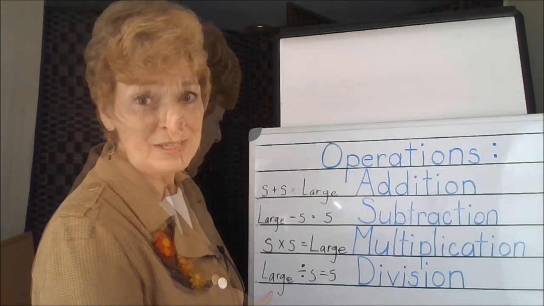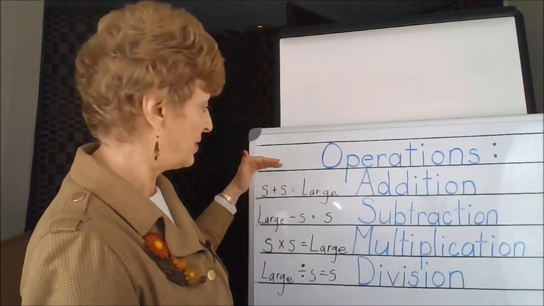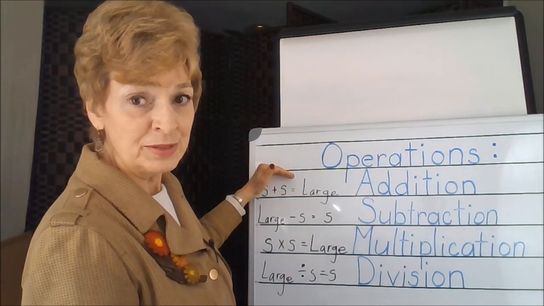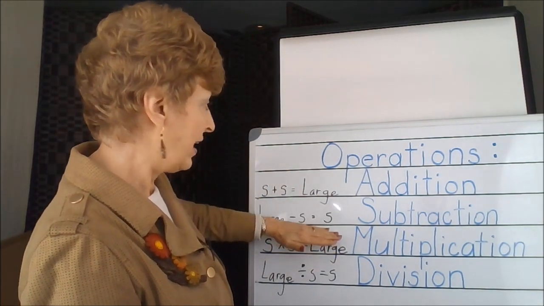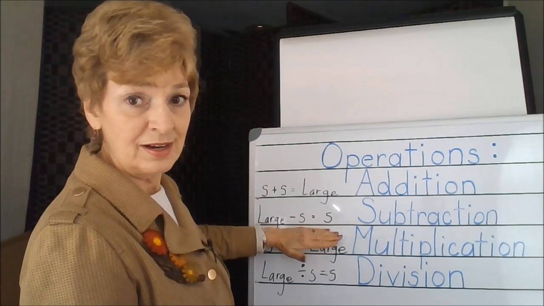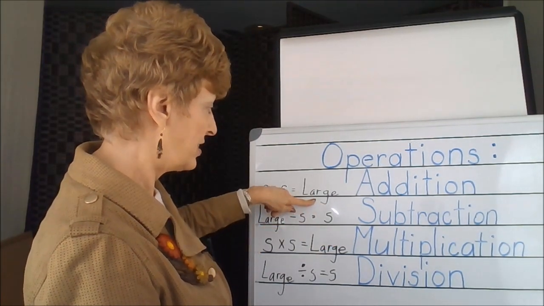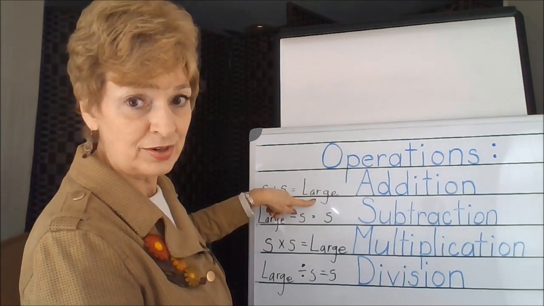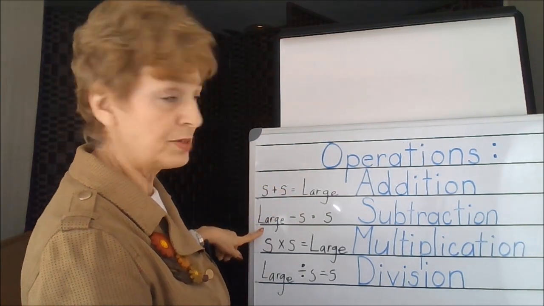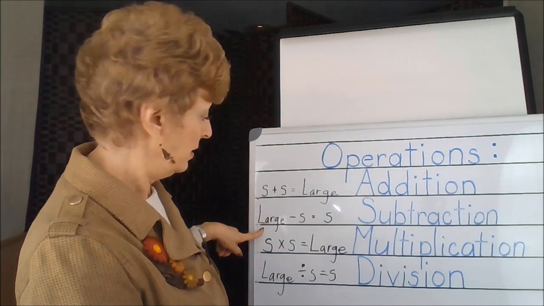Showing you a typical equation in terms of large and small numbers should make this obvious to you: addition and subtraction are truly opposites. The largest number in an addition problem is the answer. The largest one in a subtraction problem is your starting point.